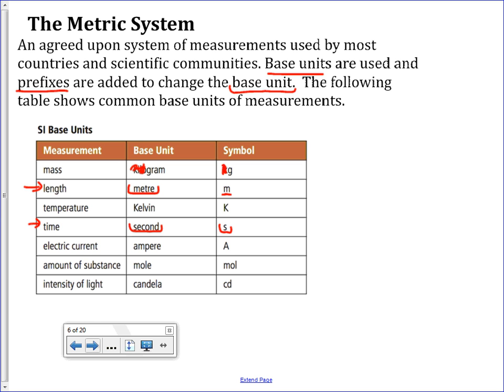And we have other base units as well, such as the ampere, the mole, which you deal with in chemistry, but we won't deal with those in grade 10. We'll deal with mainly mass and length and time.